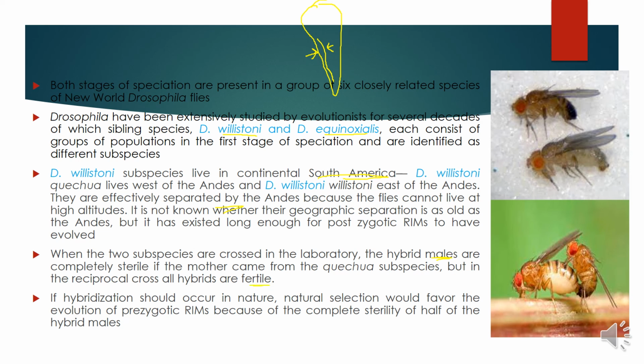So we see these two types have a partial reproductive isolation, that is, the males are sterile. This male sterility is actually post-zygotic sterility.